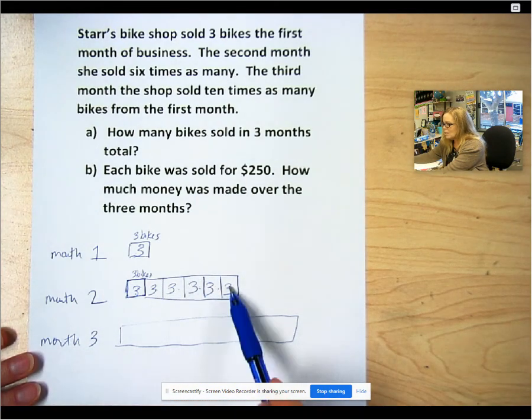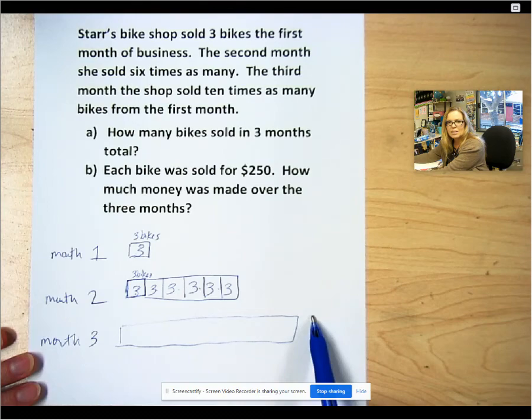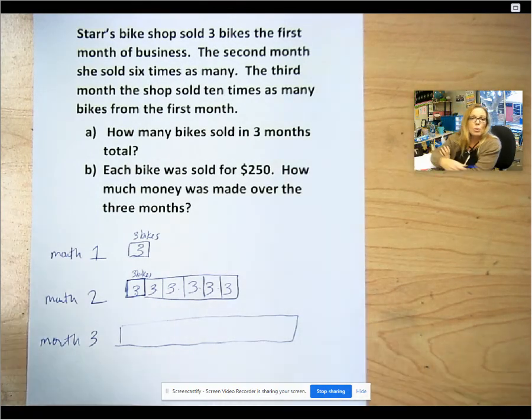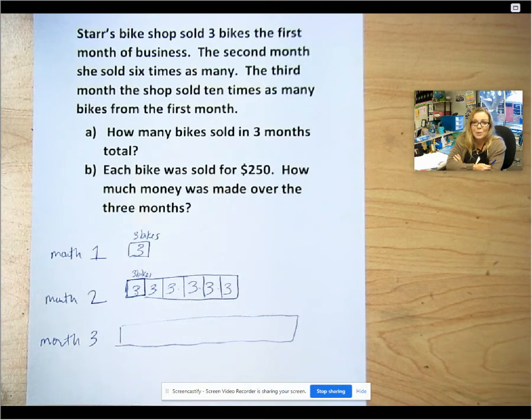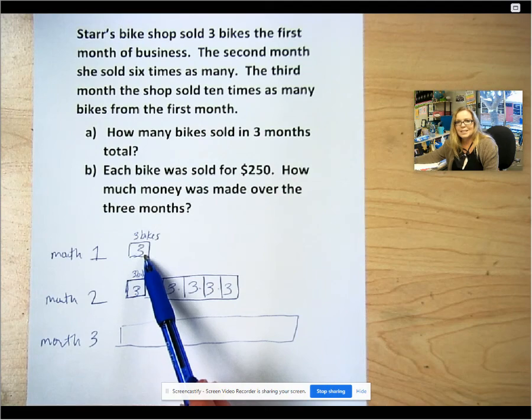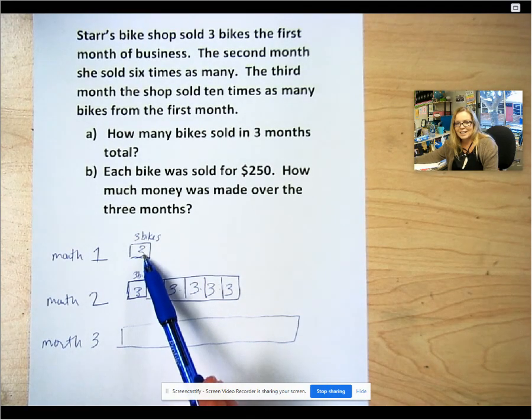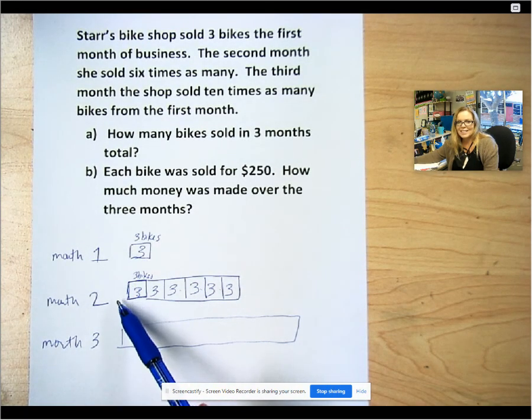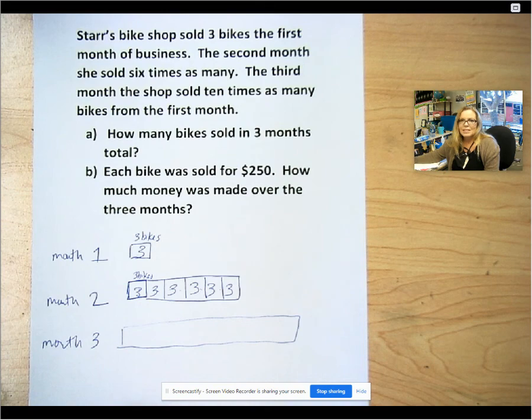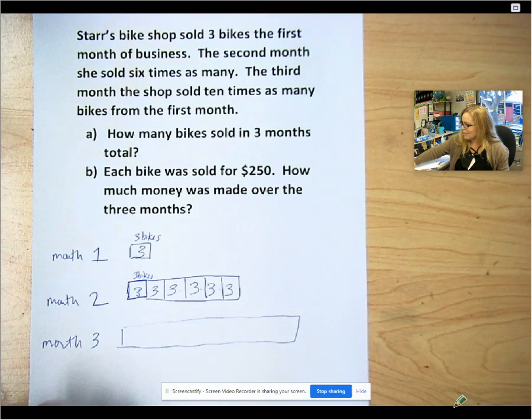Well, you would need to add those together. Each bike was sold for $250. How much money was made over 3 months? So you would need to find the value of each bike for each unit and each month. Oh my goodness. There you go, my nerdy Nawg-Dawgs.